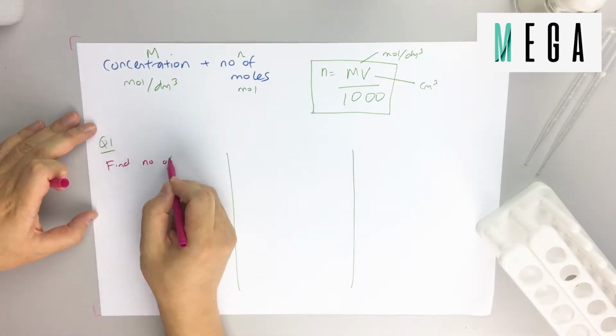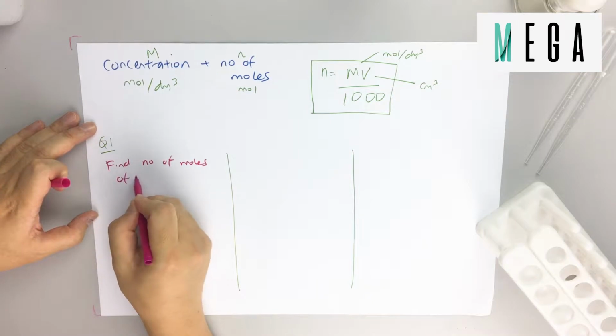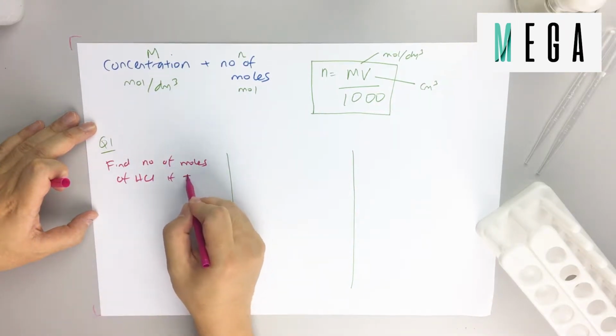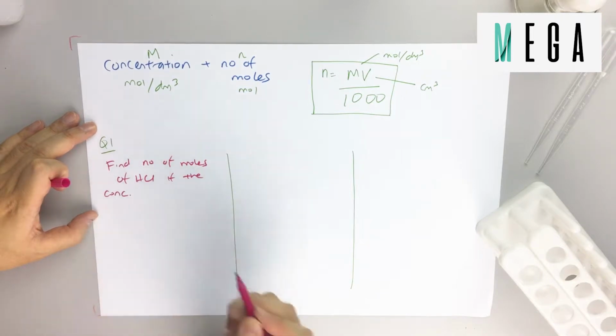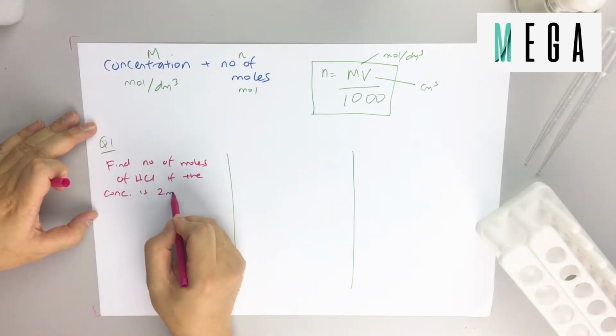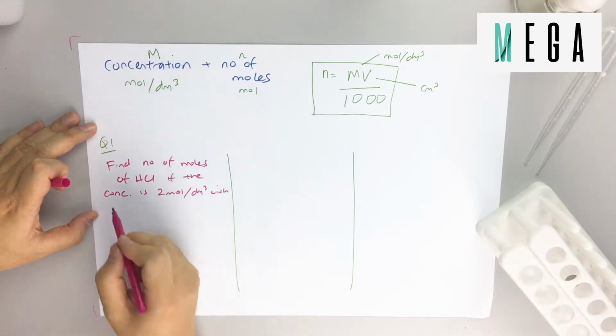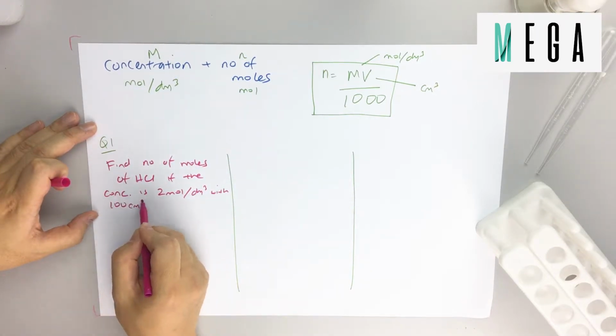Find number of moles of HCl, hydrochloric acid, if the acid has a concentration of 2 mole per dm cube and it has 100 cm cube.